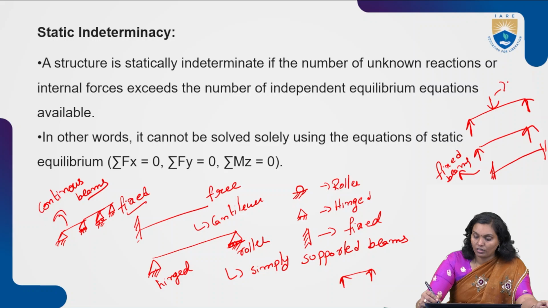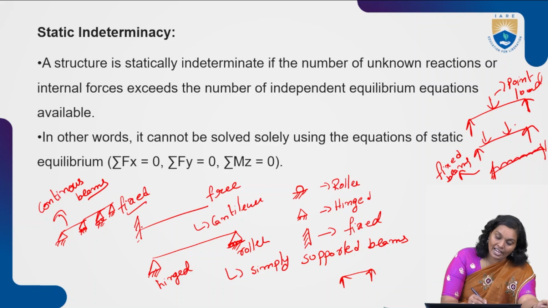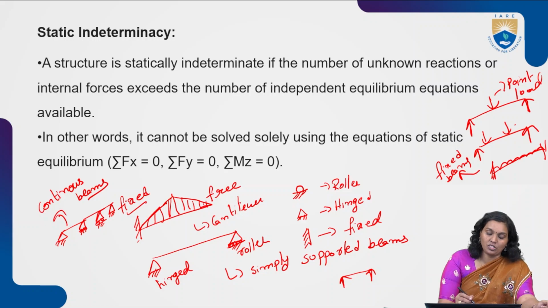So, point load at any point, concentrated loads, uniformly distributed loads, and uniformly varying distributed loads, where the variation is from one end high to low, or from the free end to high.